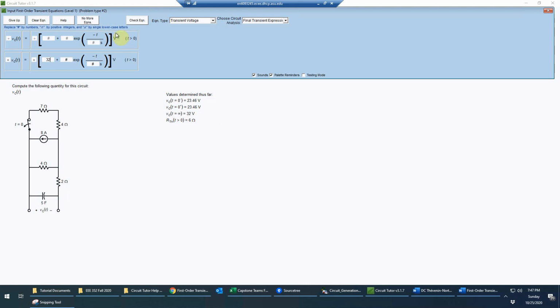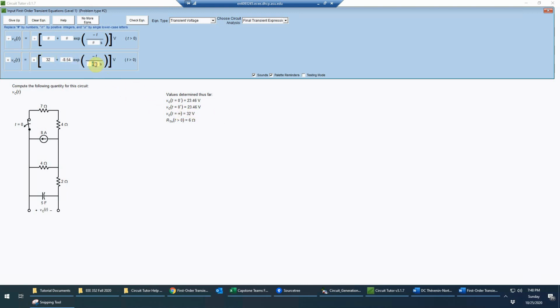And that's 8.54. And again, I want to subtract that, so it's going to be minus 8.54 volts there.